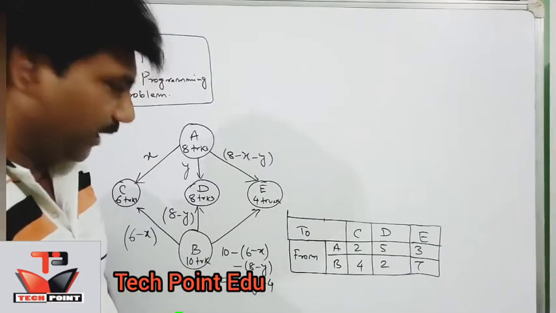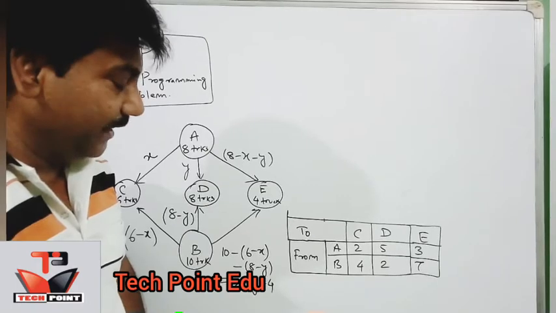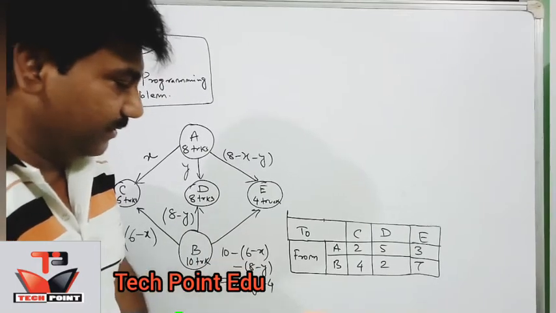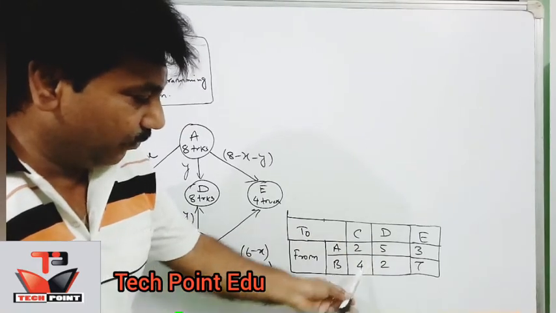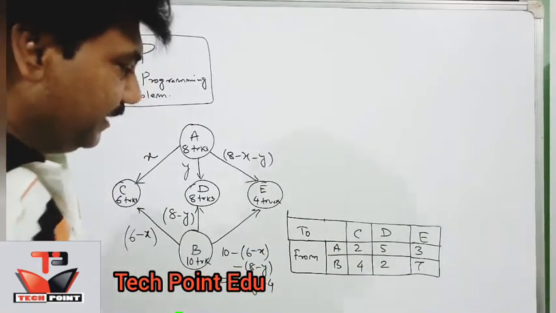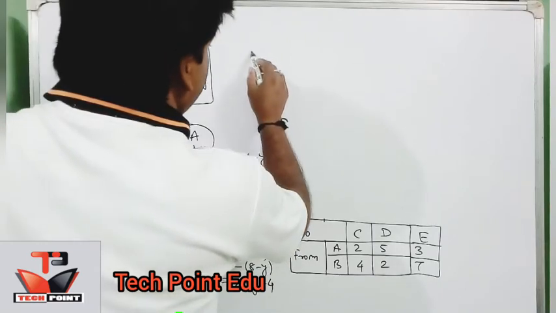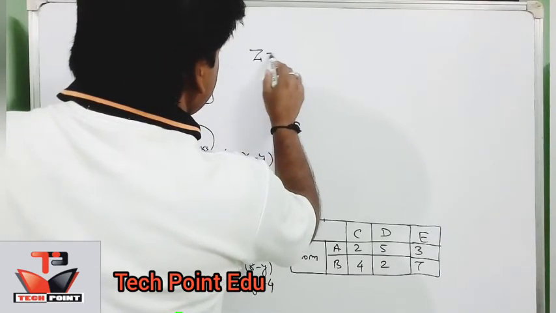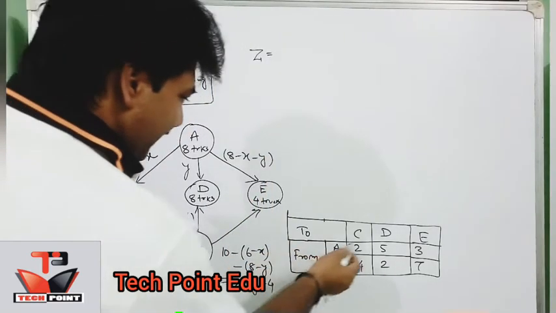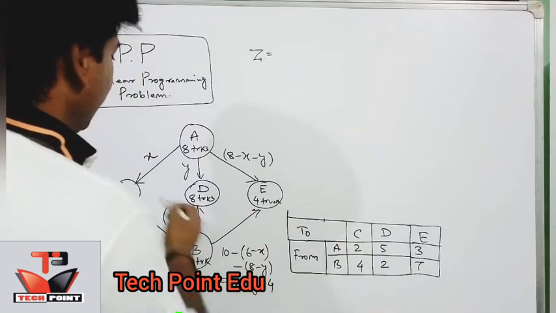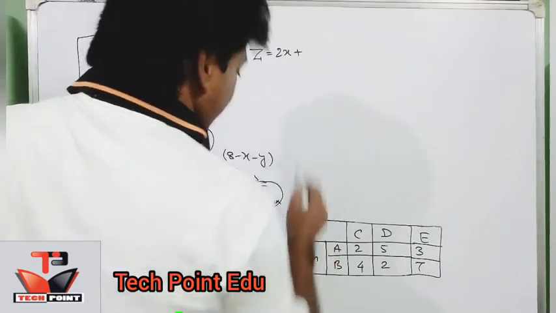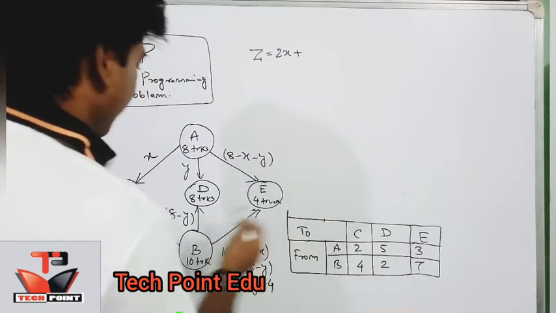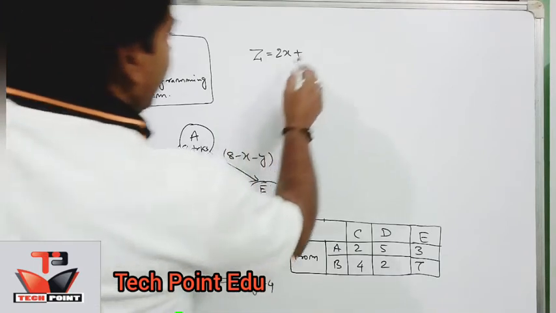Okay. Now I have to find the minimum distance. Here the distances are given as 2, 5, 3, and B to C, D, E are 4, 2, 7. That means the total distance, that is Z, will be A to C is 2 kilometers and A to C is X, that's why 2X, plus A to D is 5, A to D is Y, 5Y.